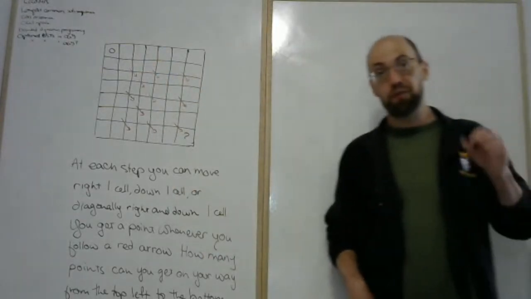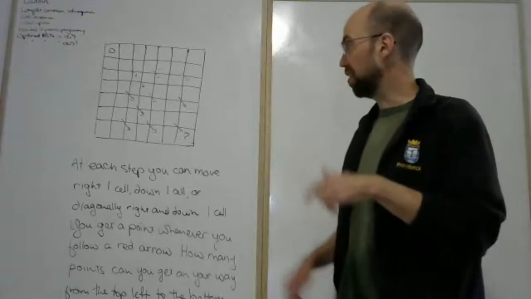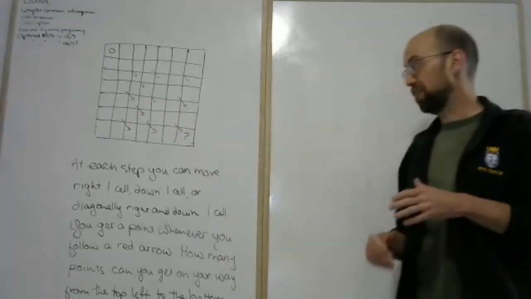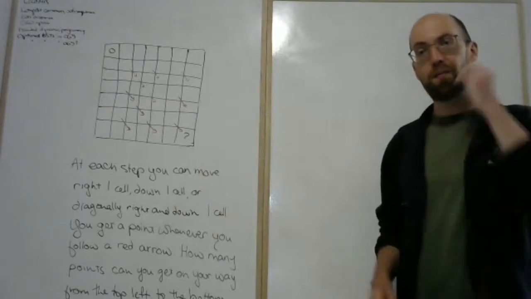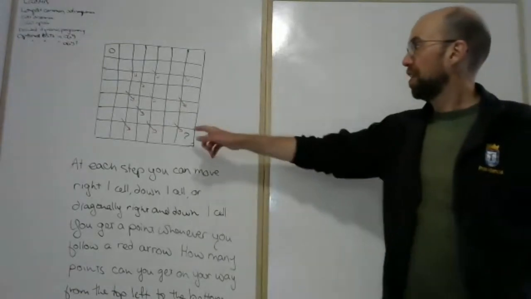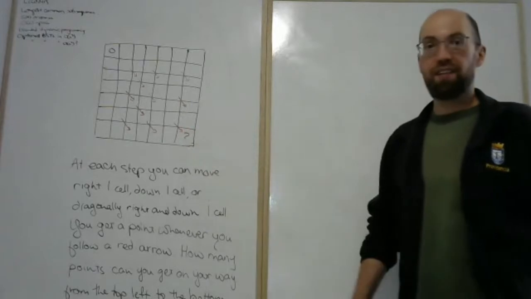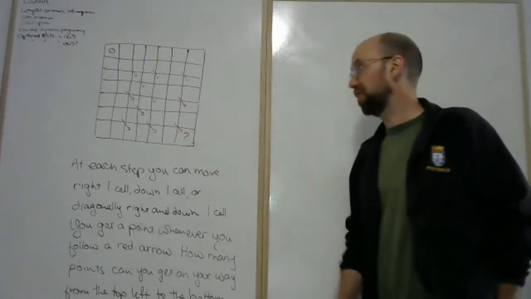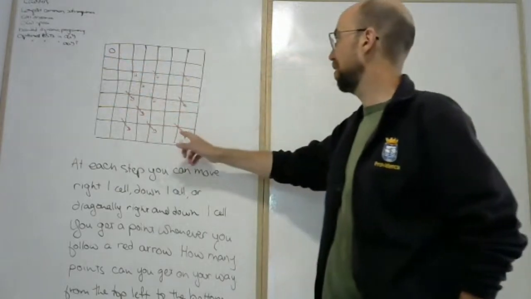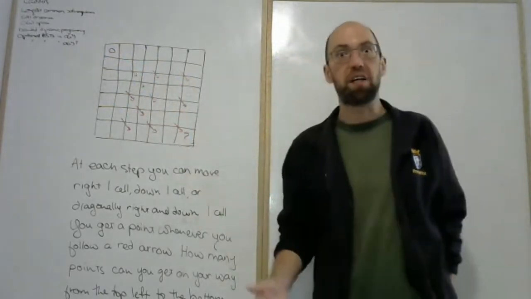Now, if you do a diagonal down move and you follow one of these red arrows, then you get a point. Okay? The question is, how many points can you get? What is the maximum number of points you can get on your way from here, where you have 0 points, to here, where you have however many?